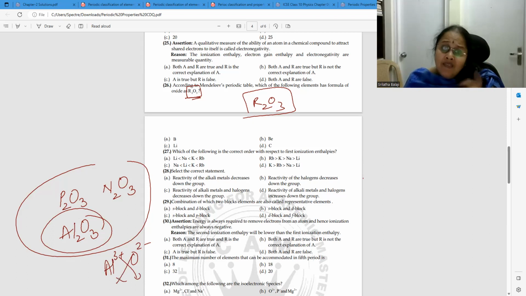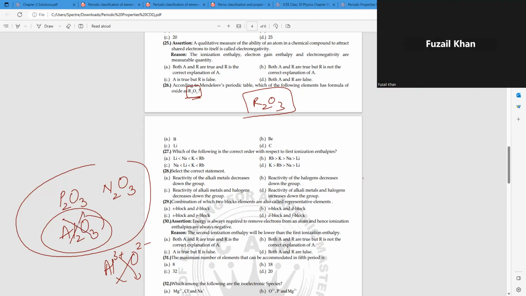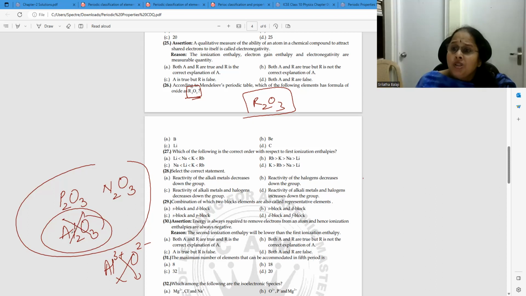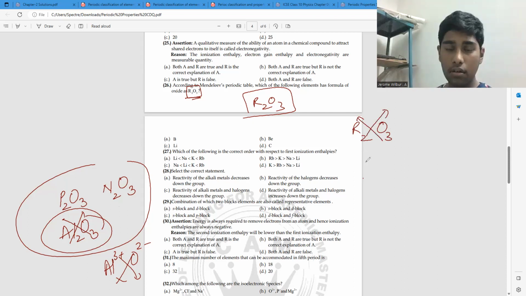So if I have to find the valency of R, the subscript becomes the charge. All are R2O3, so the valency of R should be 3, exactly.